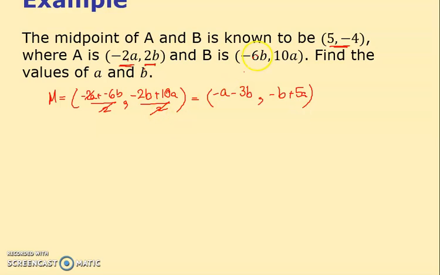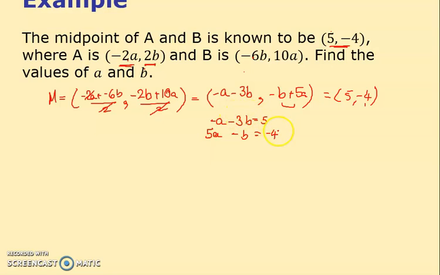Well, I think this is simultaneous equations because they tell me that is actually equal to 5 comma minus 4. So I reckon minus a minus 3b equals 5. I'm going to write the other in a better order. Put the b last, minus b, and the 5a goes at the front, and that equals minus 4.